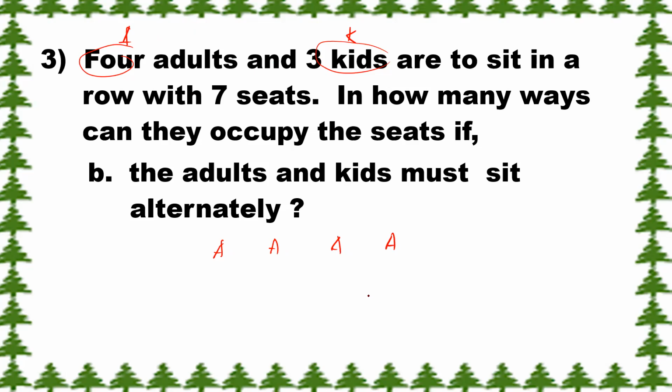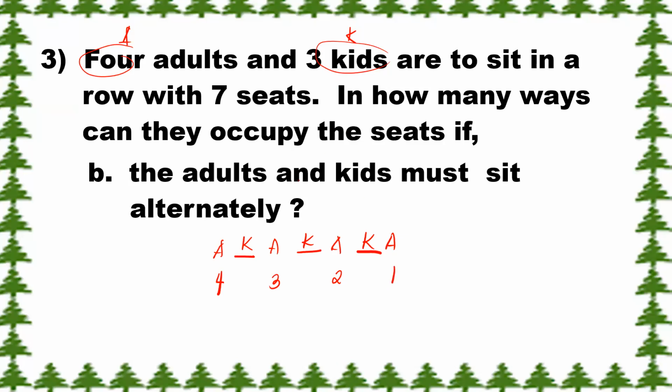For them to be alternate, there must be a kid between them. If that is the case, in the first position for adults, we have 4 choices. In the second position for adults, we have 3. Here we have 2. And here we have 1.